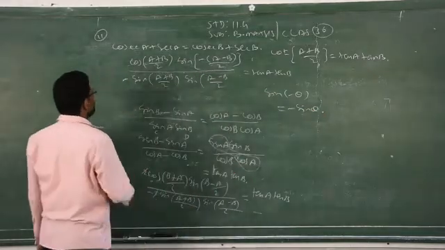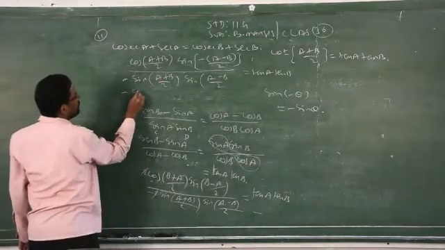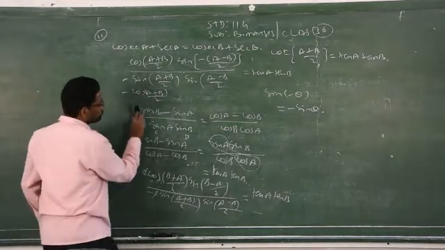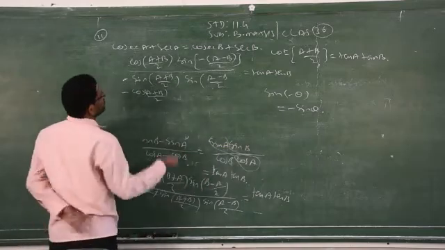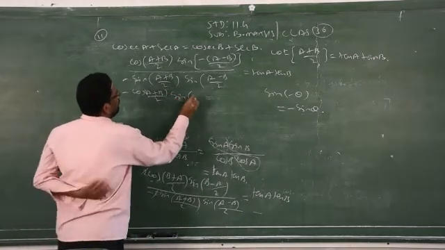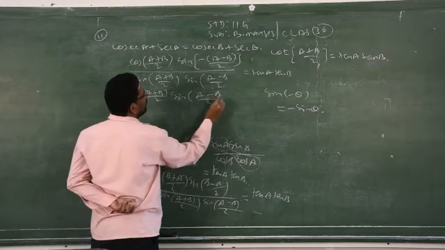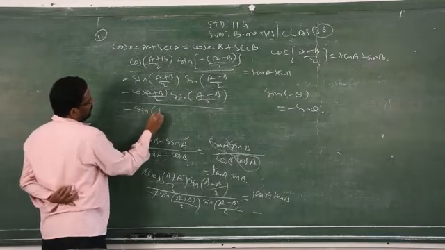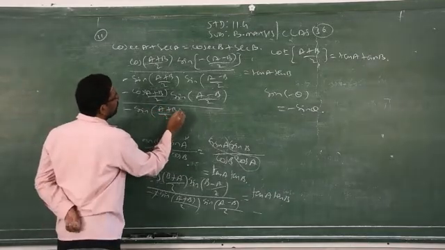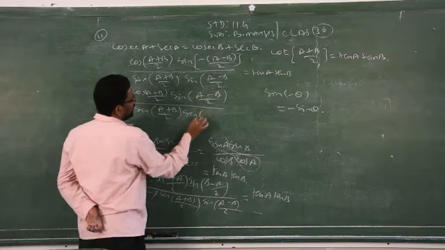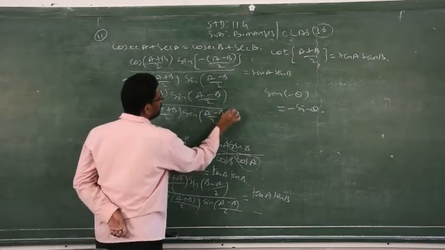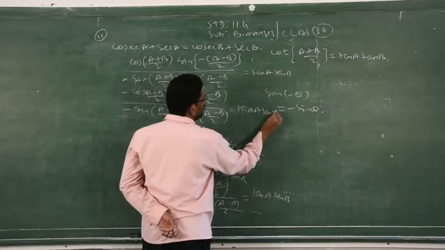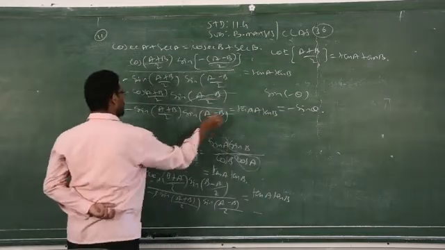Based on this property, I can take minus outside: minus cos of A plus B by 2 into sin A minus B by 2, over minus sin A plus B by 2 into sin A minus B by 2, is equal to tan A tan B. Now these two can straight away be eliminated.